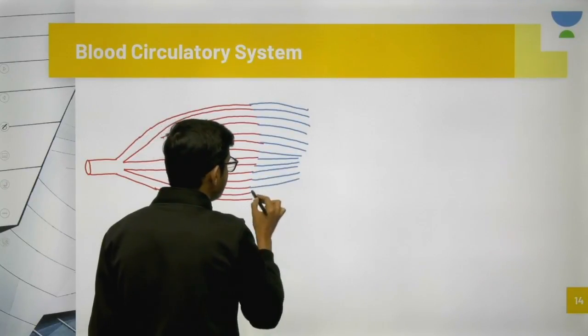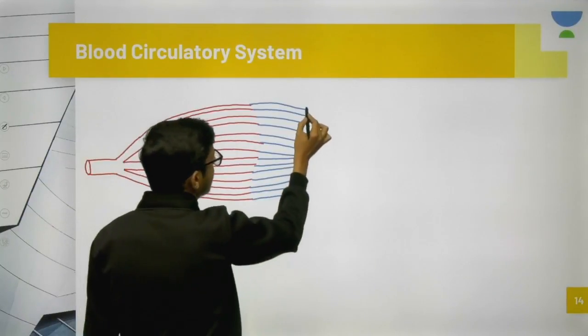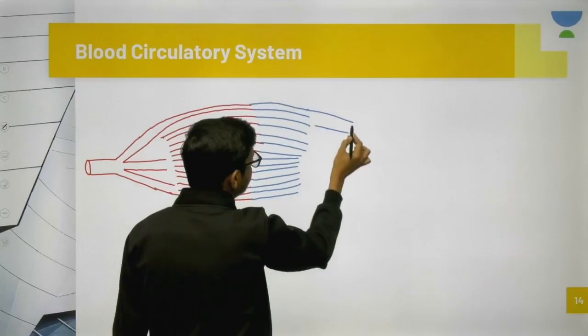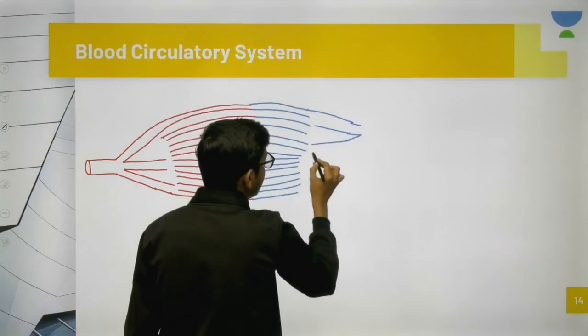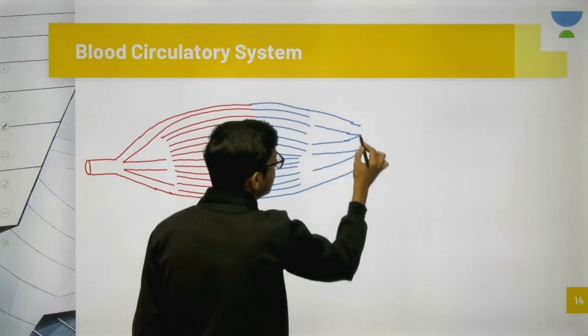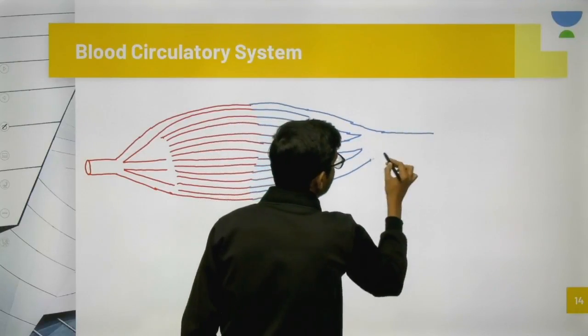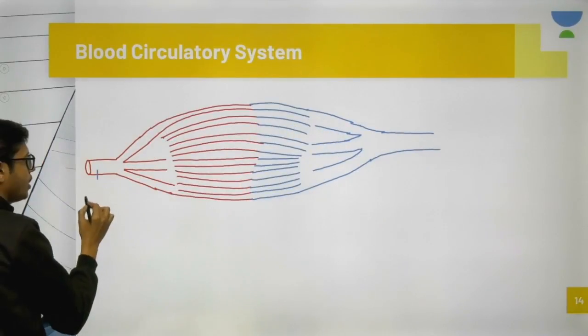network. And now when the exchange has occurred, this capillary network will again combine to form a smaller structure that is called venules, right? Smaller structure that would be called venules, and these venules will again combine to form a vein. So this is my artery.